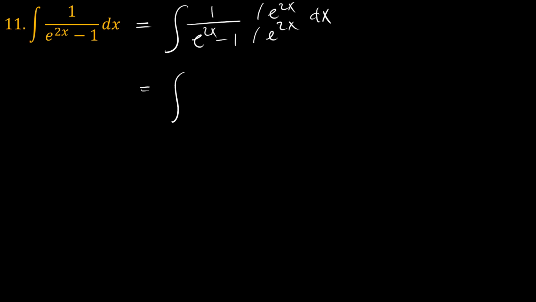What we can do here is rewrite our integral in such a way that we can divide both the numerator and the denominator by e to the 2x. So what this becomes is e to the minus 2x over 1 minus e to the minus 2x.